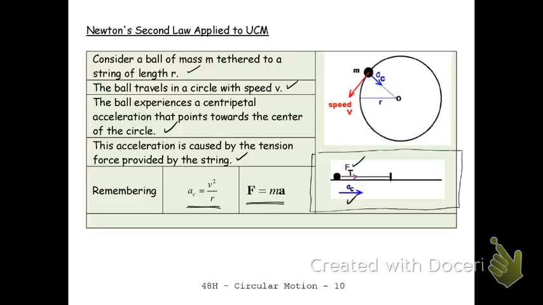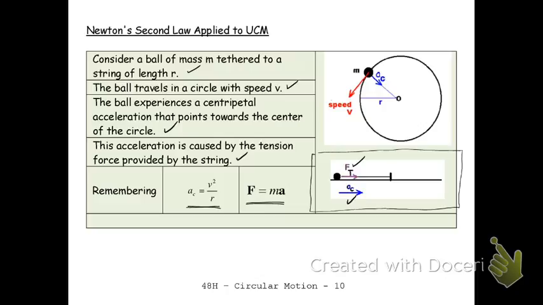You've got to get the money from somewhere else, and then you use it to go on vacation. And the same thing happens with this. You need to pay for that centripetal acceleration using a force that already exists in your system.